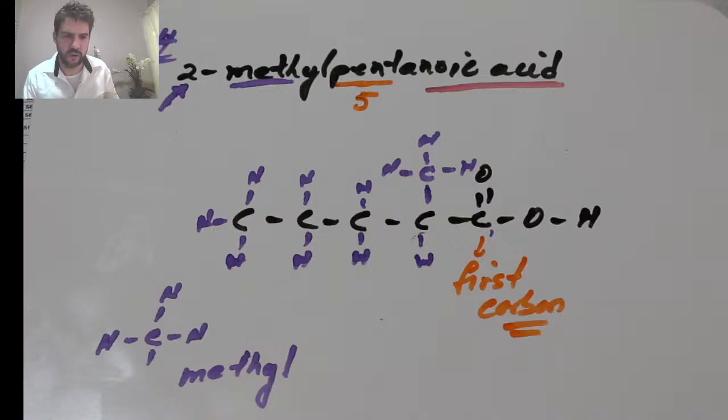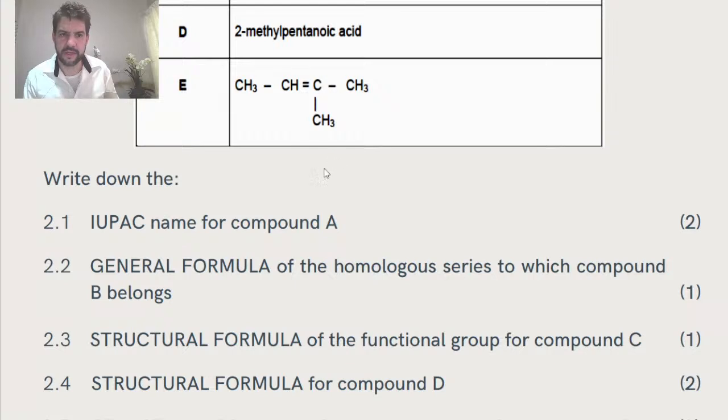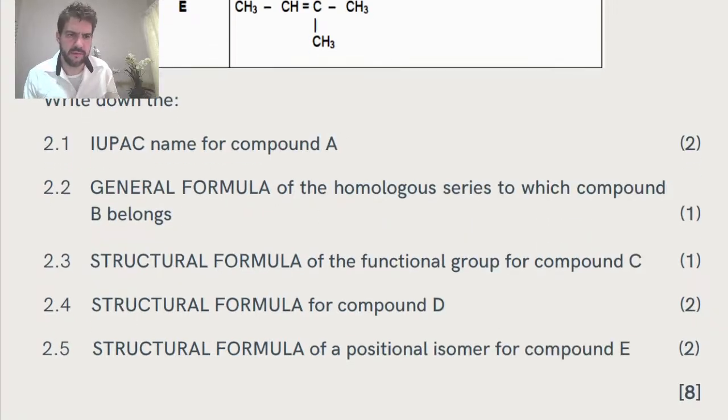The next question says, write the structural formula of a positional isomer of compound E. So now we go to compound E. Let's see which one is compound E in the question there.